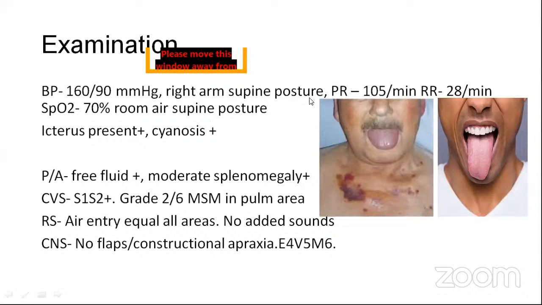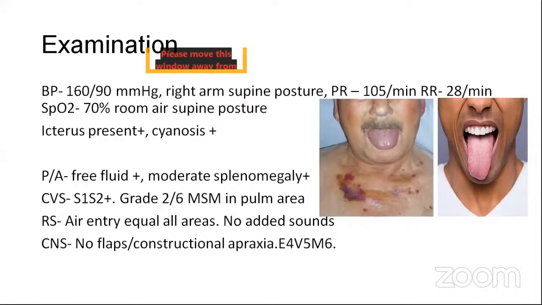On examination, hemodynamically he is stable, apart from mild tachycardia and tachypnea with a respiratory rate of 28, and hypoxia, with saturation of 70% on room air in the supine position. On examination, icterus and cyanosis were present.